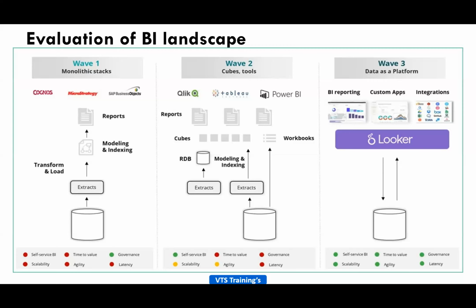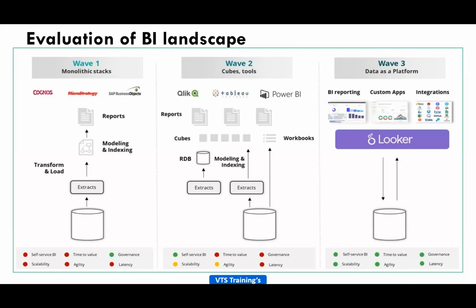Before, in wave 1 and wave 2, we didn't have access to the data in the underlying data source. Whatever data was extracted and loaded into our relational database main system or provided to the business user, only that data did the BA have access to.